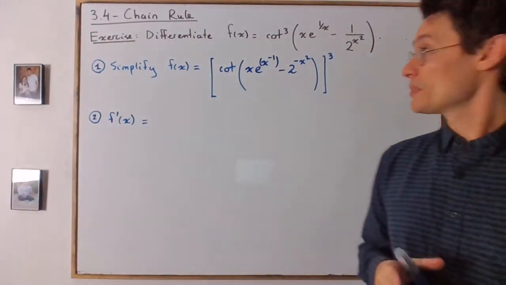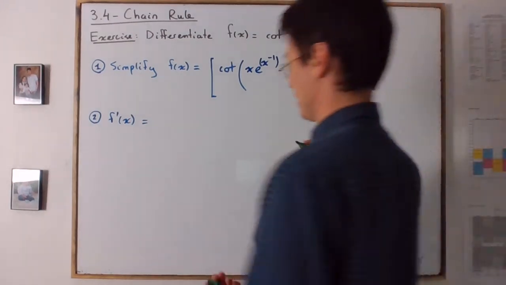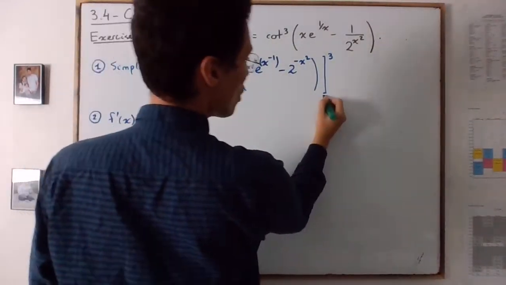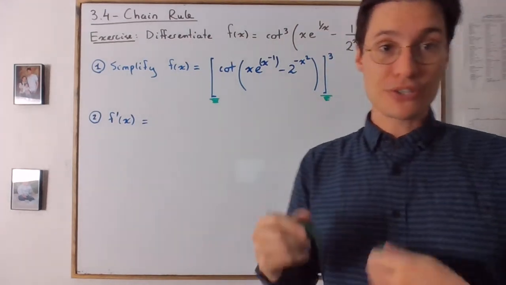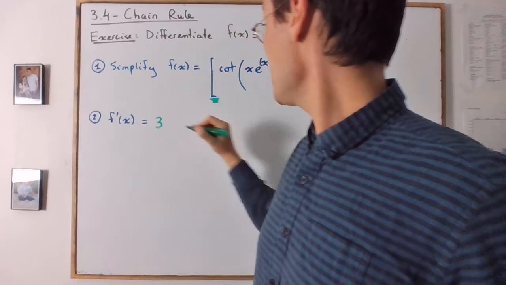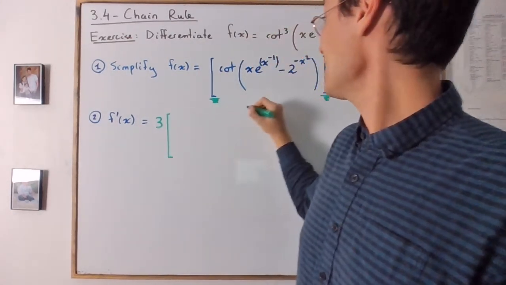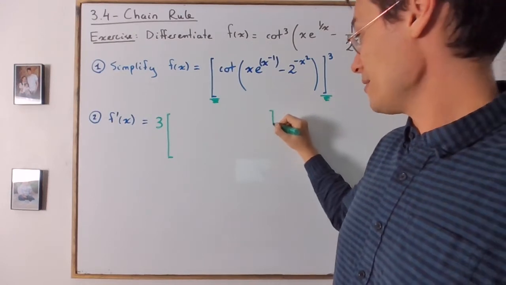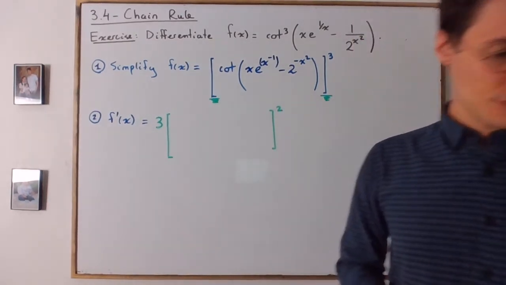outside-inside rule. I'm going to use as much color as I can. So first, the most outside function is this. It's to the power of 3. So using the outside-inside rule, we have 3 times the big bracket, squared.